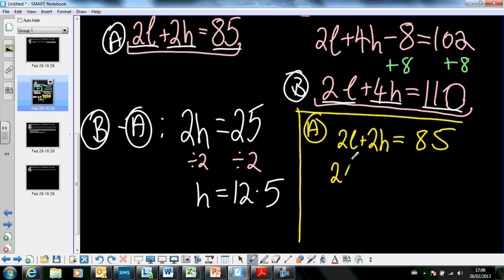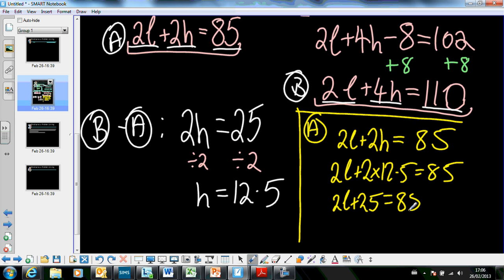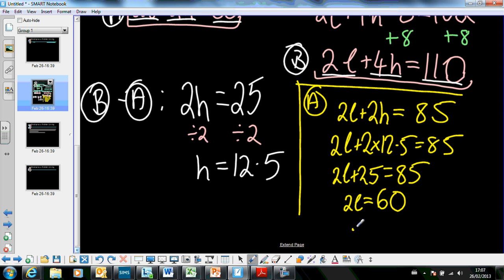So that's 2L plus 2 times 12.5 is 85. 2L plus 25 is equal to 85. So take off 25 from both sides, you get 2L is equal to 60. So 1L must be equal to 30.